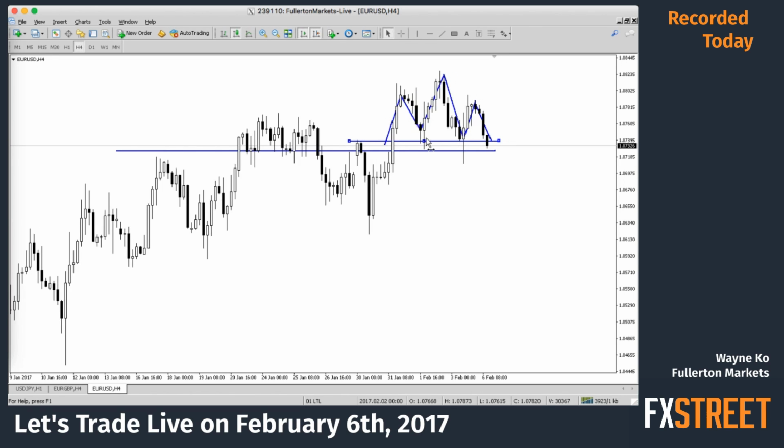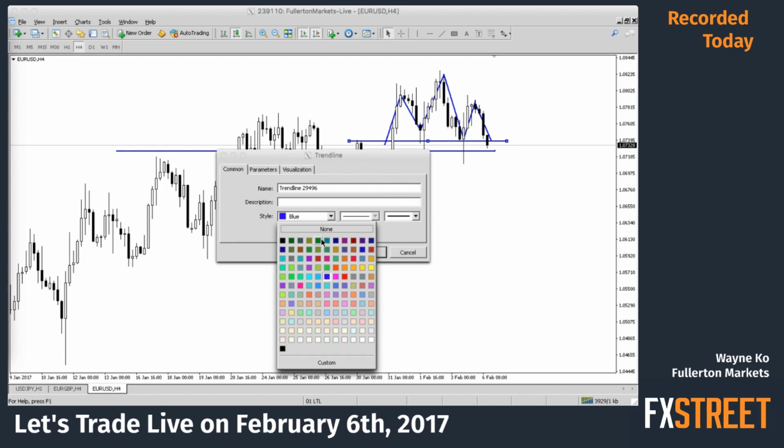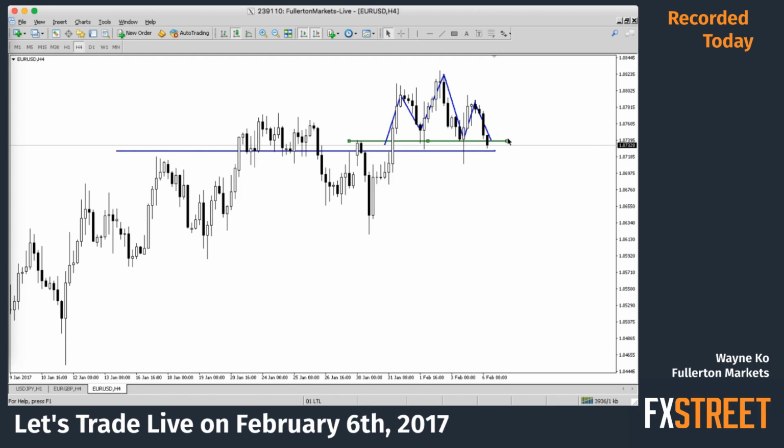So if you just consider the head and shoulder pattern, I will mark the neckline as green color over here. So typically for head and shoulder, you will look at the neckline to decide your trade. So price is breaking the neckline. So once it's broken, that means close.